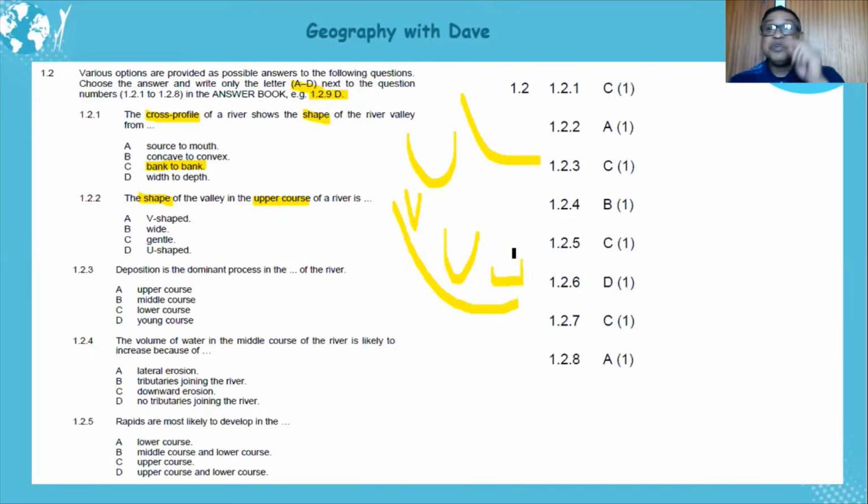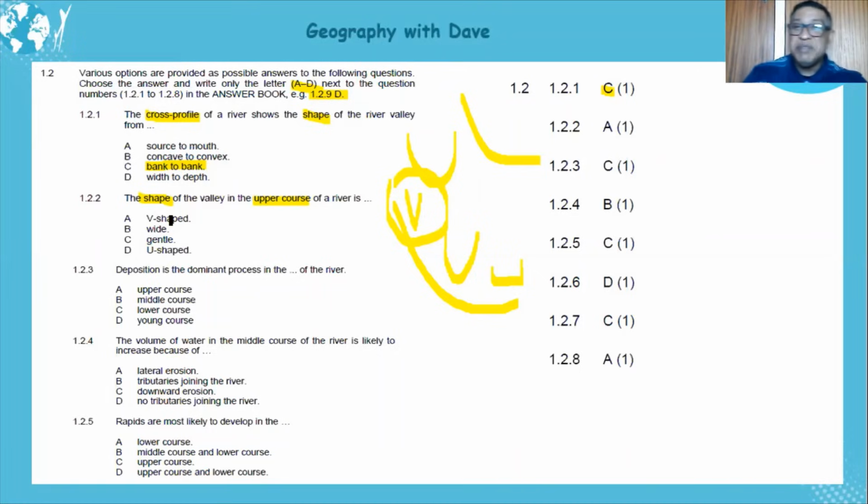So can you see, you don't guess answers, you can work them out, similar to maths. So the answer was C there. Now let's look at it here. The shape in the upper course is V-shaped.